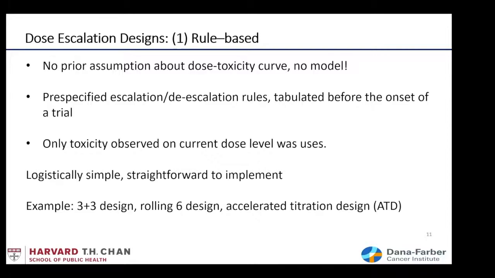So it's a no-model, simple algorithm. Also, the dose escalation and de-escalation rules are pre-specified. They can be tabulated before the onset of the trial, and you just need to follow them accordingly. 3 patients, no toxicity, escalate; 1 DLT, 3 more patients. It's a simple algorithm that can be itemized in probably 3 lines.